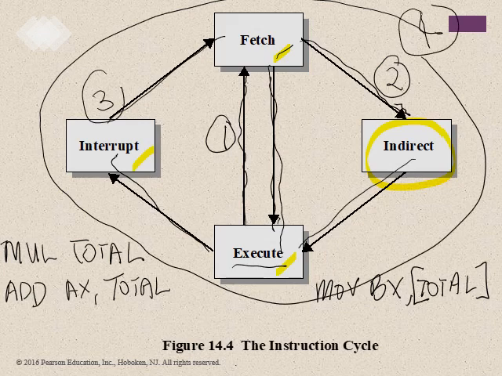From fetch, you found out you need indirect addressing, and then you solve indirect addressing, you got the data, and then you execute. After you have executed, you found out there is some interrupt, you solve the interrupt, then you can cycle again with fetch. So these are the 4 kinds of fetch that you can do, with execute, with interrupt, and also with indirect.